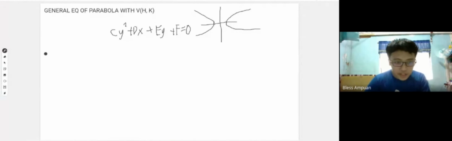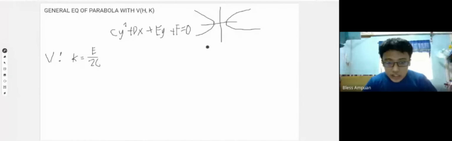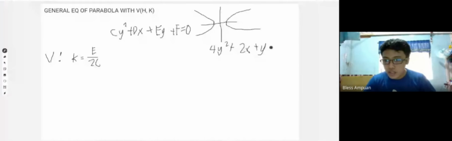To solve for the vertex, our k is equal to negative e over 2c. Assuming we have an example, let's say 4y squared plus 2x plus y plus 3 equals 0.